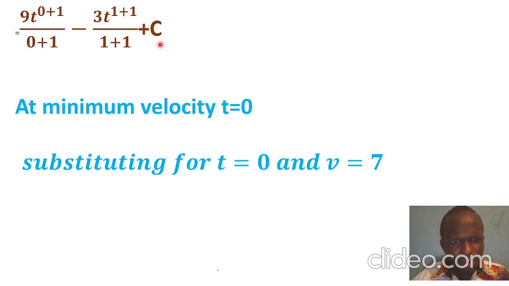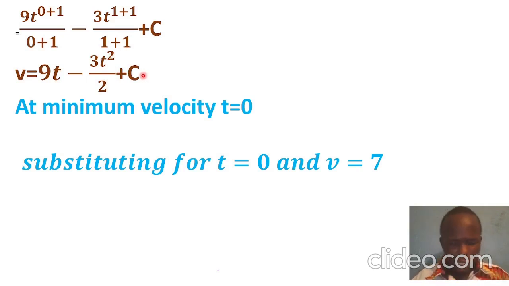Now, let us see what it brings us to. V is equal to 9t minus 3t squared over 2 plus an arbitrary constant.